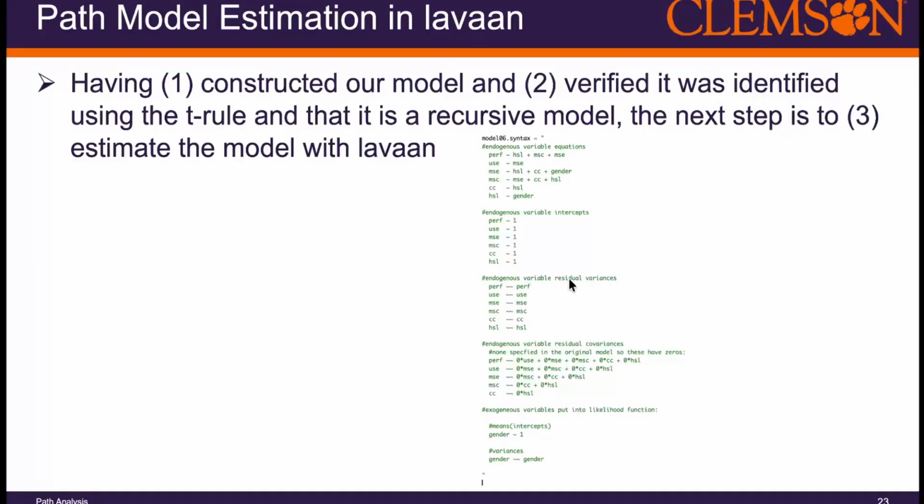Similar to that, we can also specify residual variances. Now that's the double tilde. A double tilde is a variance or covariance. If the variable name shows up on both sides of the double tilde, it's a variance. So each of these we call residual variances because they are endogenous variables. Technically speaking, we could actually add residual covariances between our endogenous variables.